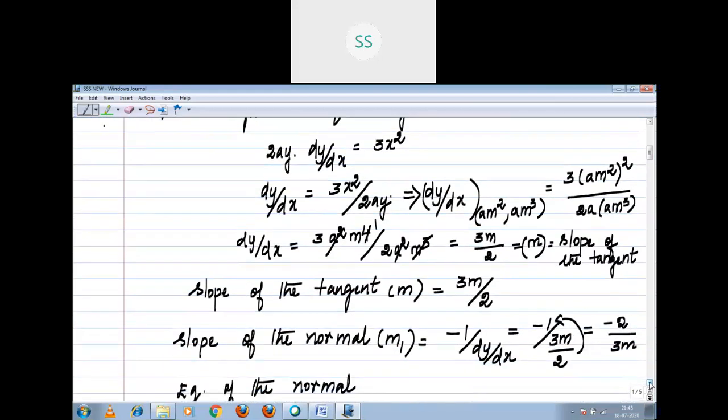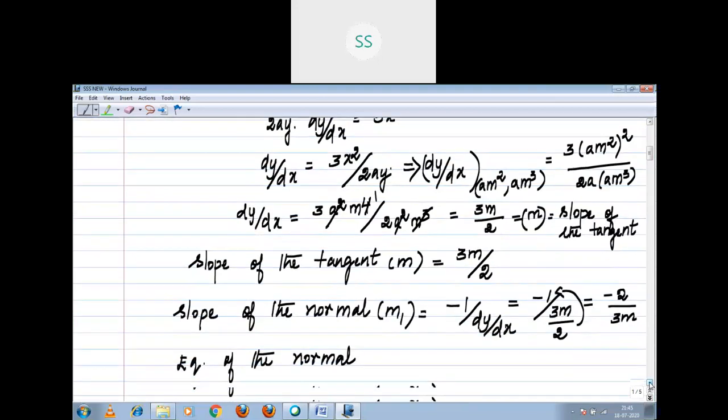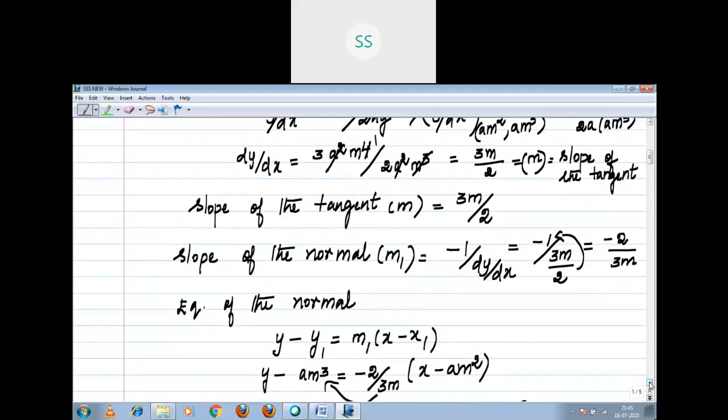Slope of the normal means the reciprocal of the slope of the tangent with the opposite sign, that is −2/3m. Equation of the normal: y − y1 = m1(x − x1). Because the slope of the normal is denoted as m1, I used m1 here. The general format is y − y1 = m(x − x1). Then you substitute the values of y1 and x1 as am³ and am² respectively, and m1 as −2/3m.